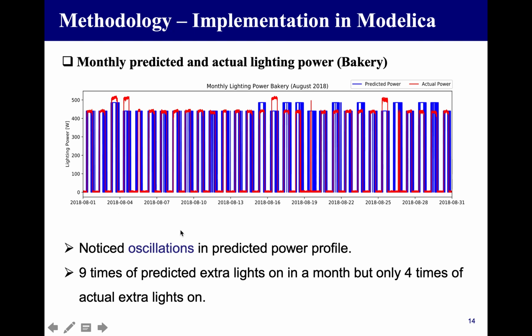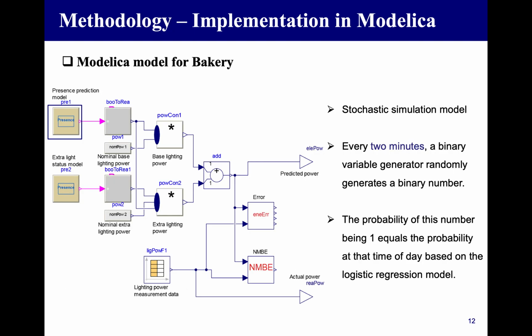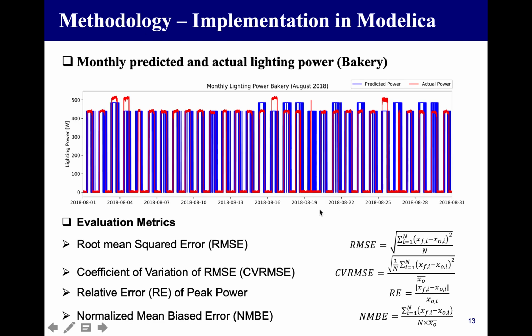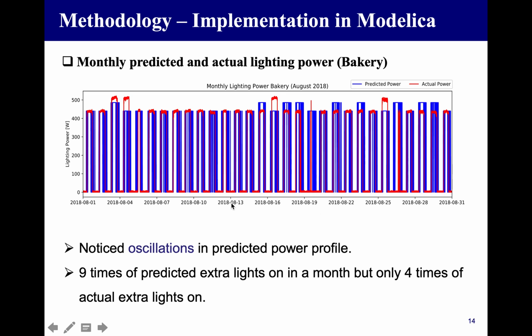This is because we set the prediction interval to be 2 minutes. However, this interval can be adjusted based on the user's needs. And second, for extra lighting prediction, we noticed in reality there are only 4 times of extra lights on, but in the model we predicted 9 times of extra lighting on.